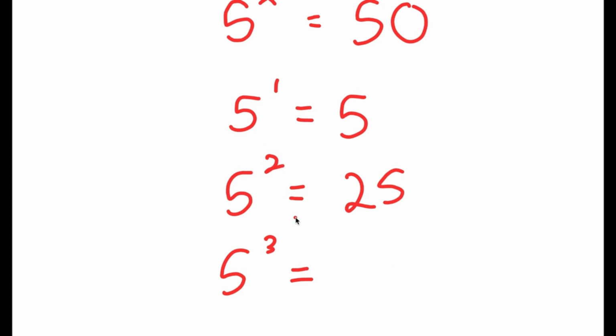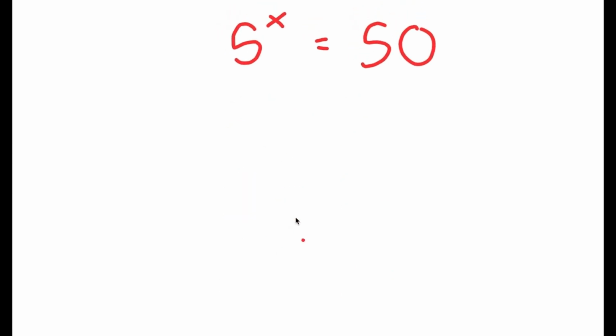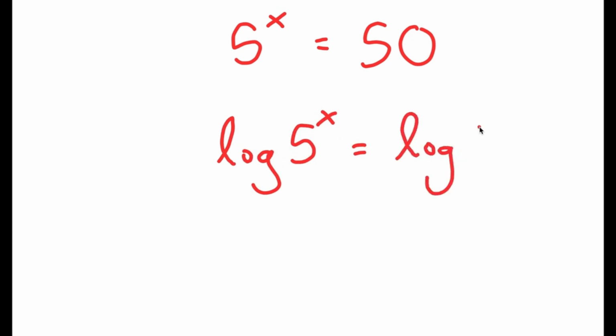So how are we going to find the exact value of x? Well, to start, we're going to be using logarithms. I'm going to take the log on both sides, so I get log 5 to the power of x is equal to log 50.